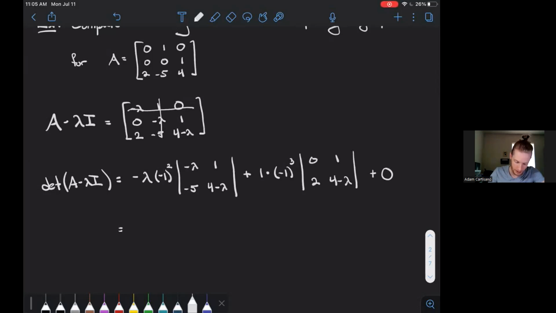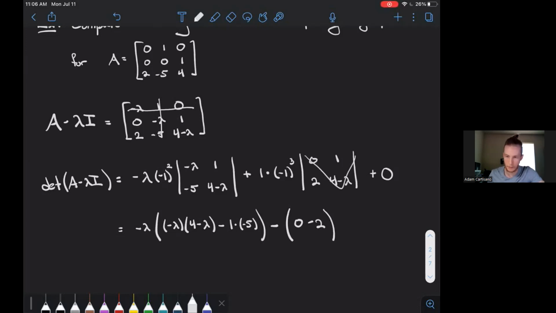So this will be negative lambda times, and I'm just going to compute this 2 by 2 determinant. It'll be negative lambda times 4 minus lambda minus 1 times negative 5, plus, negative 1 cubed is negative 1 times 1 is still negative 1. So this will be minus the determinant of this other matrix, which is going to be just 0 minus 2. Right?